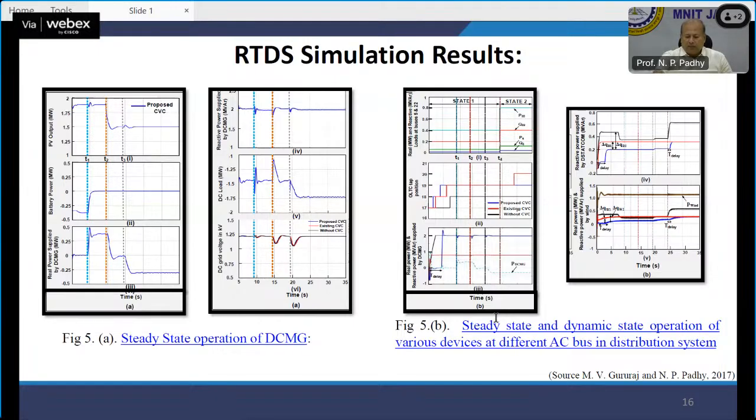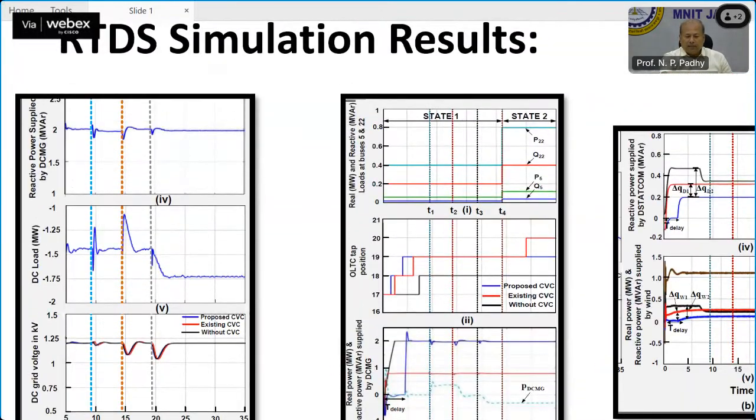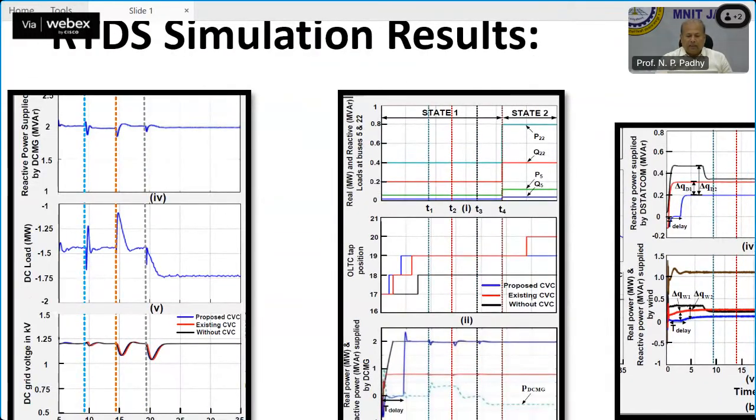Now, in the dynamic state of operation of various devices at different AC buses in the distribution system, you can also have a look at the STATCOM. Let me zoom a little bit for your benefit. Okay, have a look. Real and reactive power, loads and buses at 5 and 22 are known to you.